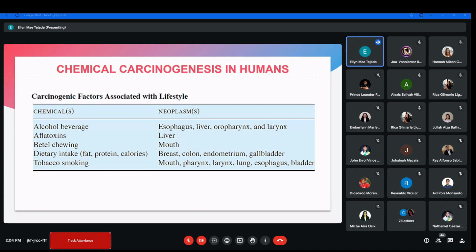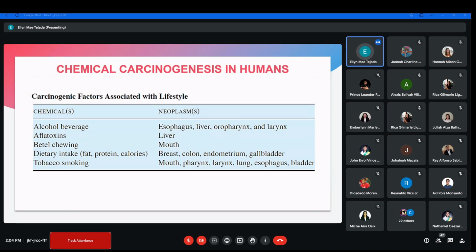You can check on the liver of the patient, how it is going, if the patient is being exposed to such a carcinogenic chemical, and also betel chewing, including the dietary intake, especially of fat, proteins, and calories. So we need to consider this kind of chemical carcinogen based on the lifestyle. Of course, tobacco smoking is still a rampant consideration up until this very moment.